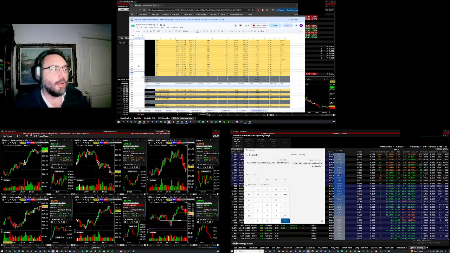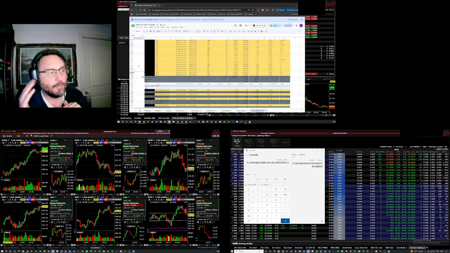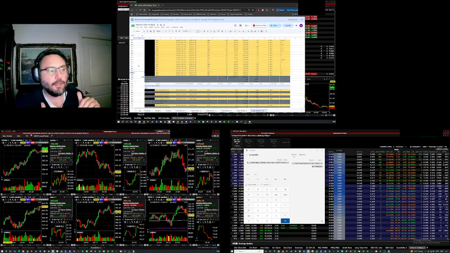So maybe we need to move tail risk down to the 7-day. But that's something that can be fixed a lot easier in my mind than developing a systematic gamma scalping of the underlying strategy.